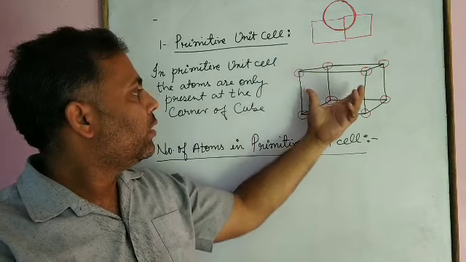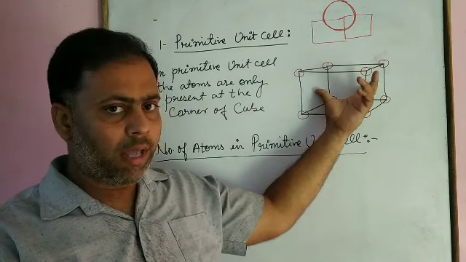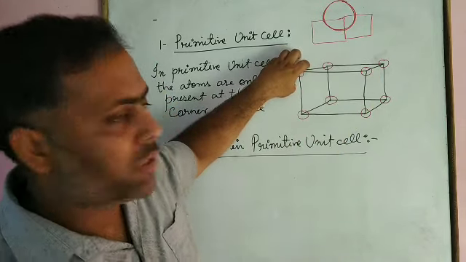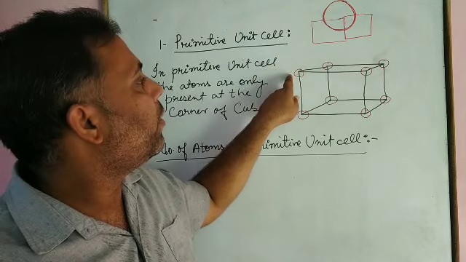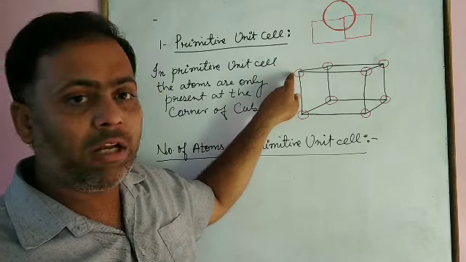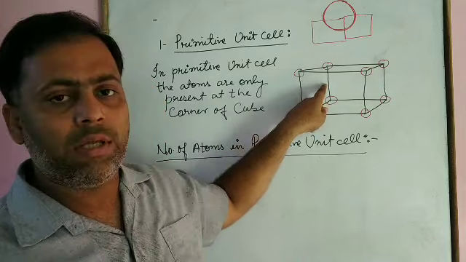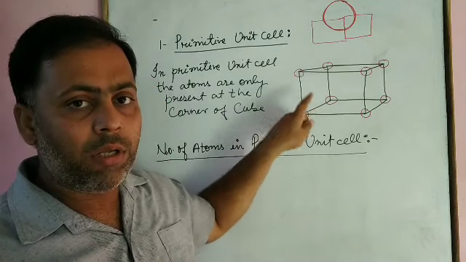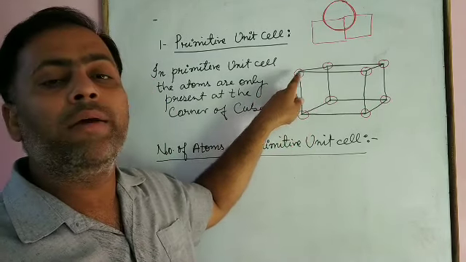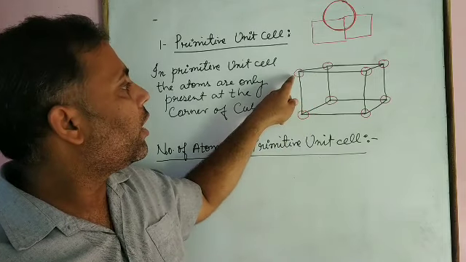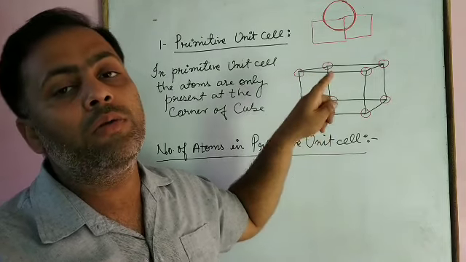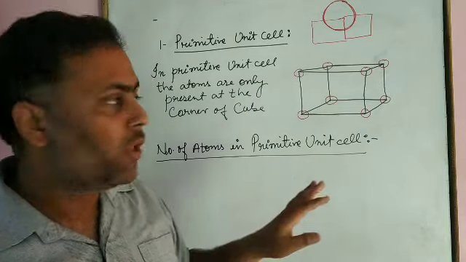It means if we are discussing this unit cell and 1 atom is present here, then only 1 by 8 portion of this atom is shared by this unit cell. Clear? It means the atom present at the corner shares its 1 by 8 part to the unit cell only. Clear?